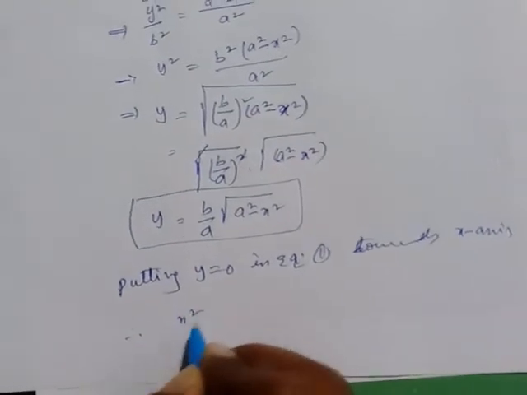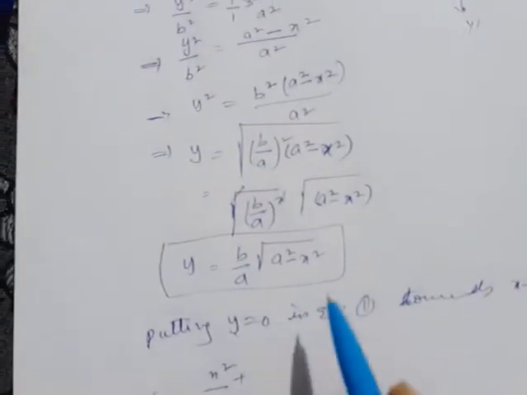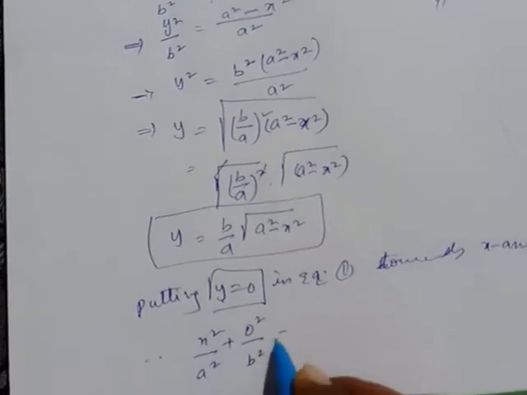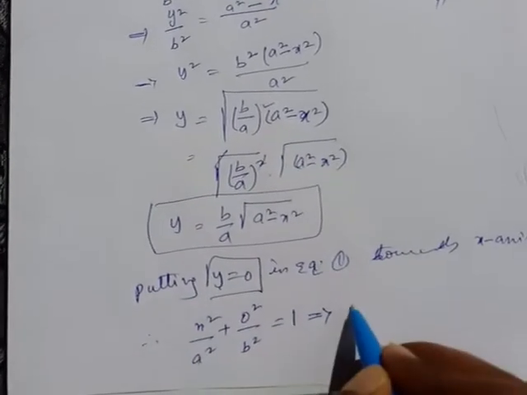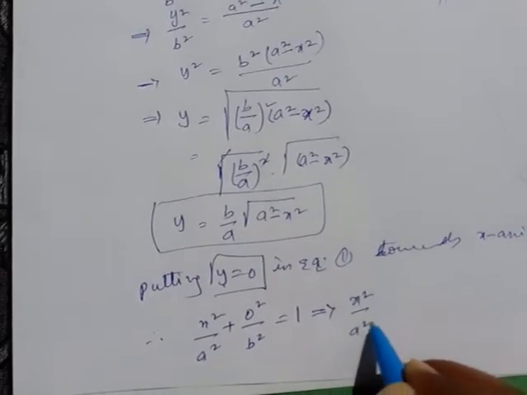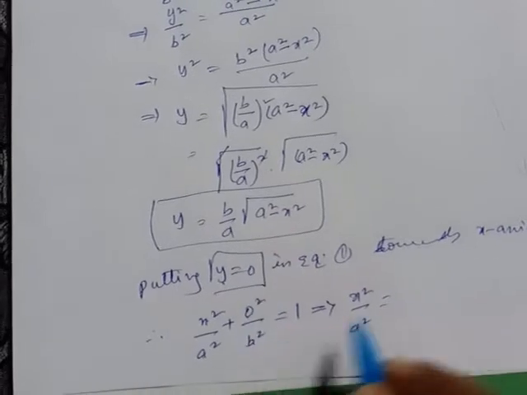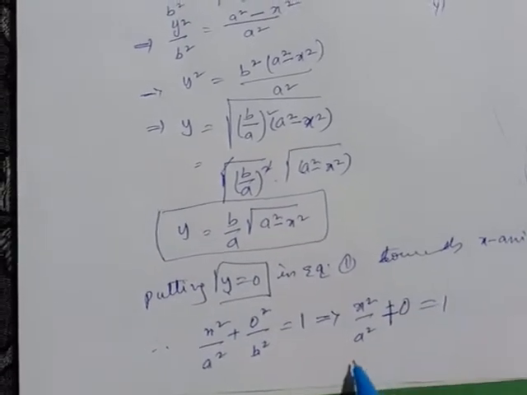Therefore x square by a square plus, here is y square, but y is equal to 0, so 0 square by b square is equal to 1. That is, x square by a square plus 0 square is 0, 0 by anything is 0, plus 0 is equal to 1.